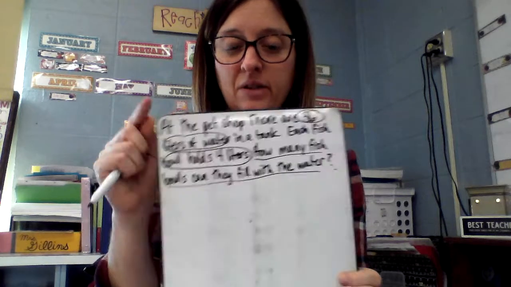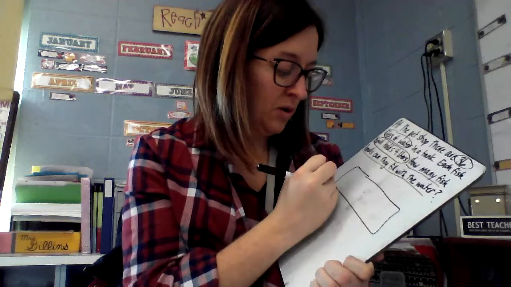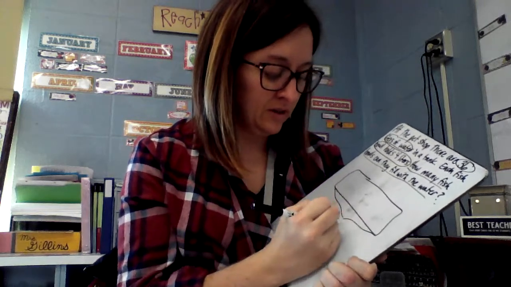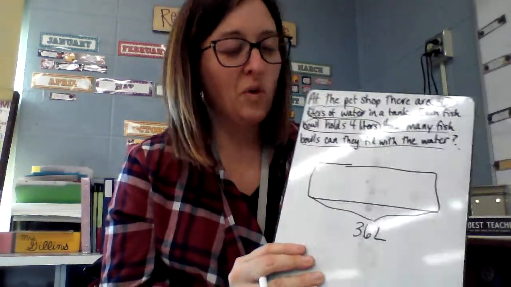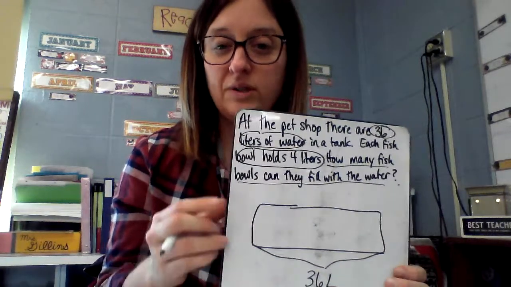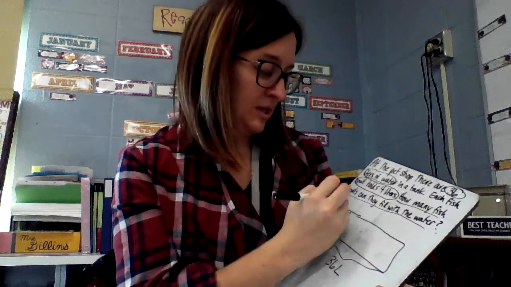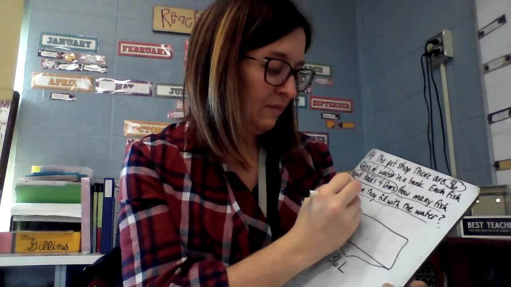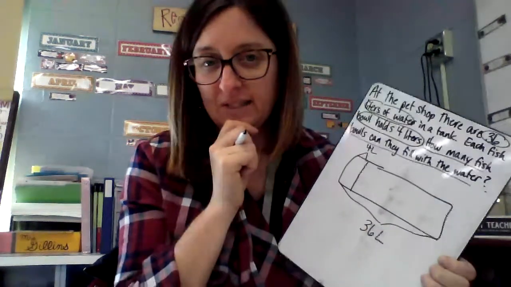I'm going to draw this out, I think. So I know I've got a total of 36 liters. And I know that each of the bowls holds 4 liters. What I don't know is how many bowls I'm going to have. So I know the size of my groups, which is 4. I just don't know how many groups of 4 I'm going to get to reach 36.